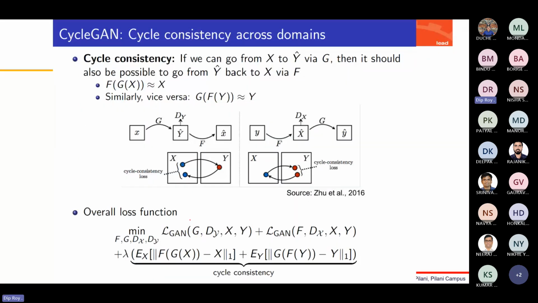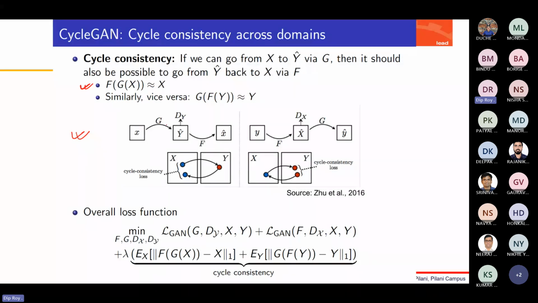Now let's see what happens here. Cycle consistency: if we can go from X to Y via G, then it should also be possible to come back from Y hat to X via F. This is exactly the functional form: F of G of X is nothing but X. Similarly, G of F of Y is Y. This is how the cycle works.